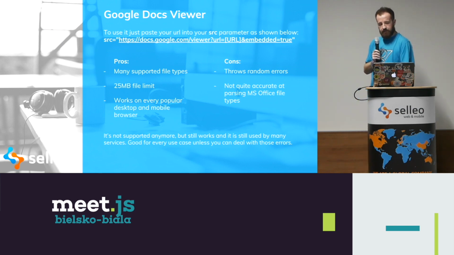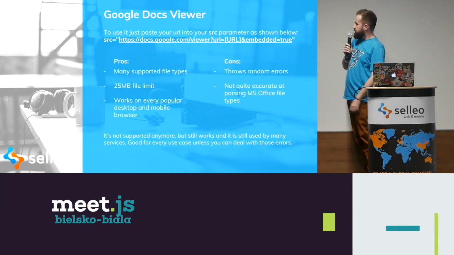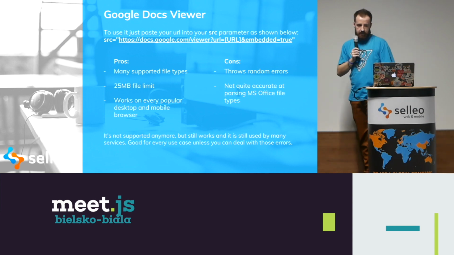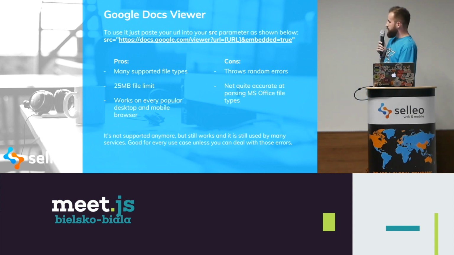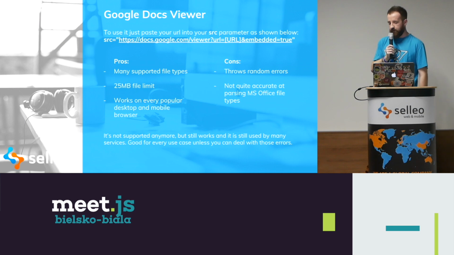The difference is you still use iframes or other inline embedding like embed objects. In place of the URL placeholder that I put there, you paste the URL to your file, basically the same as the last one.